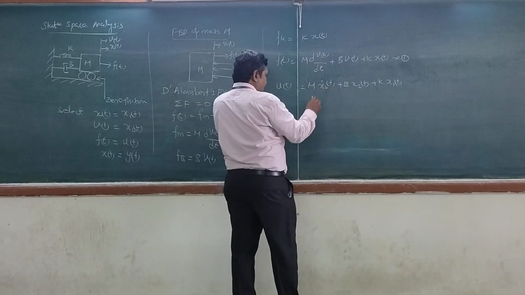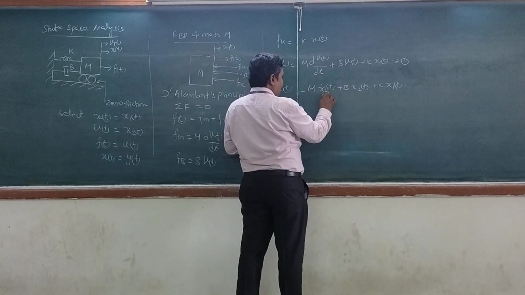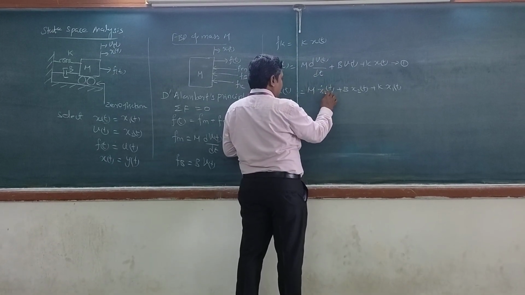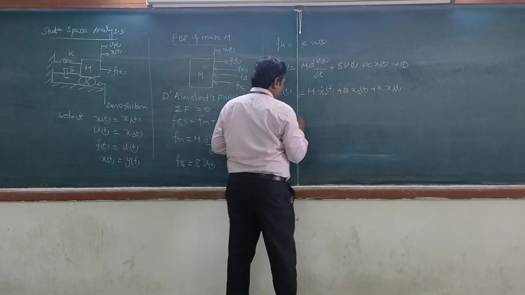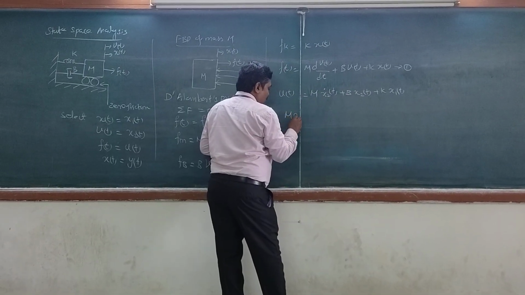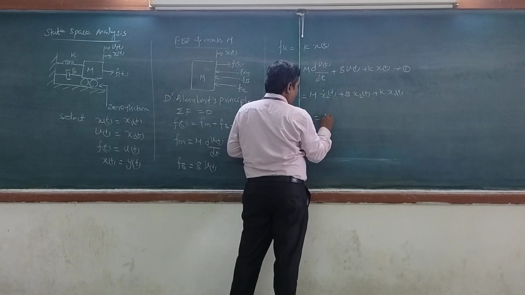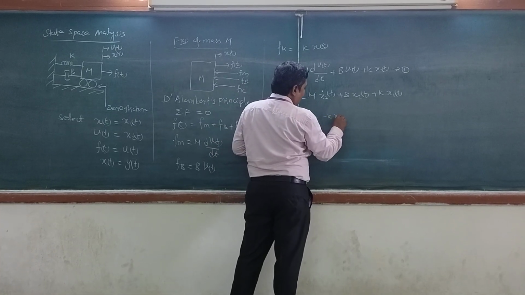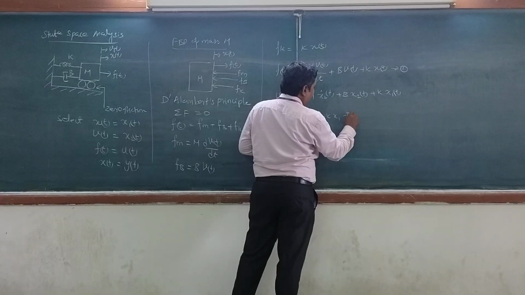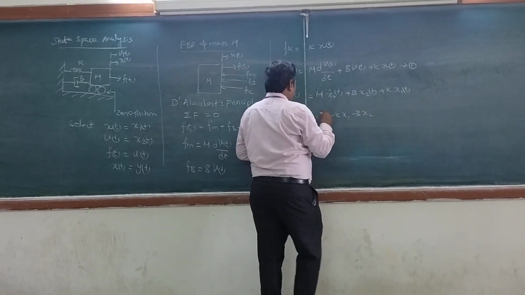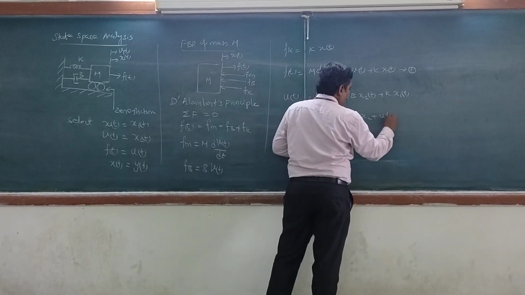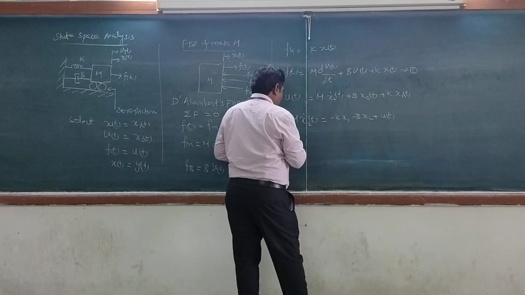Now keep m into x2 dot of t on one side and bring all other terms to the other side. So m into x2 dot of t is equal to minus k into x1 minus b into x2 plus u of t. Again divide the whole equation by m.